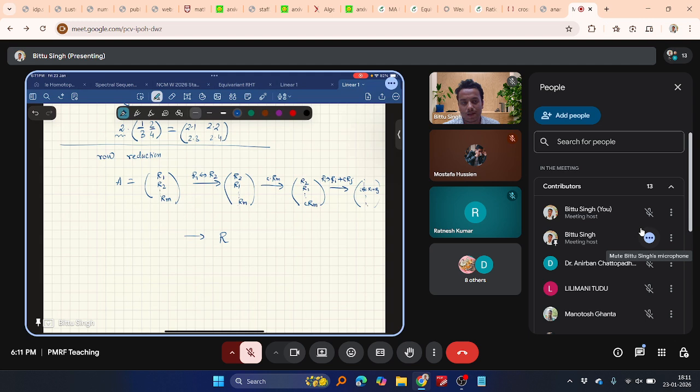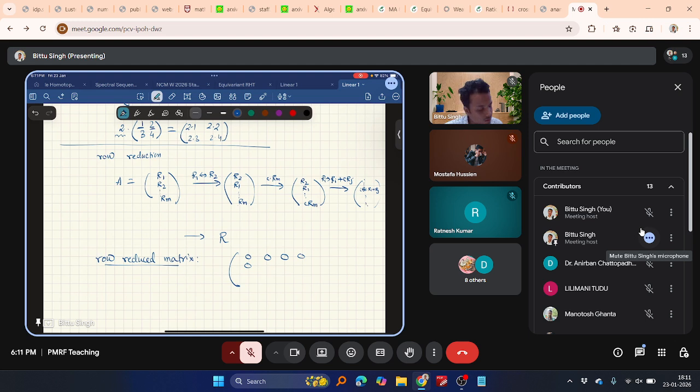So what does this mean? Simpler means it is called a row reduced matrix. Row reduced matrix. So row reduced matrix means, let me give an example, then I'll explain. It will look like something like this, and there will be lots of zeros.